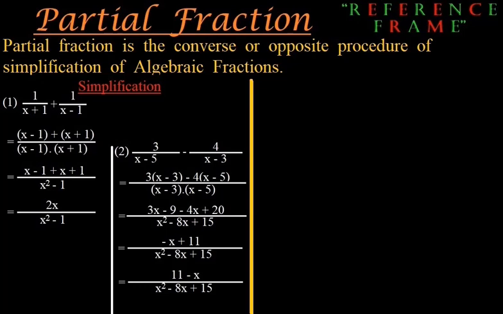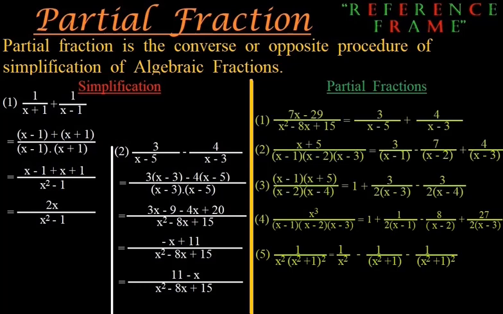You will be asked to split them, to write them in the form of 2, 3 or whatever the requirement is, in fractions. Just have a look here. In simplification we're just simplifying to get a minimized, very small result.